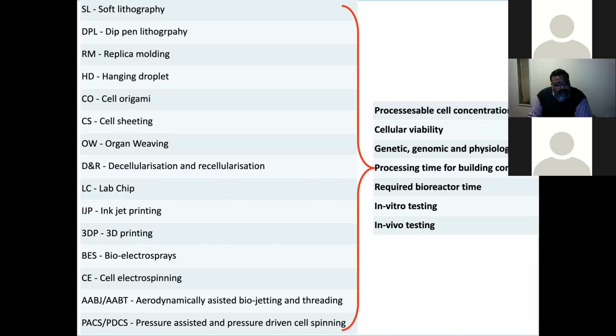The technologies I'm going to be talking to you about are the last four technologies: bioelectrospraying, cell electrospinning, and aerodynamically assisted approaches. I don't think I will be able to talk to you about the last two, but I certainly will talk to you about bioelectrosprays and cell electrospinning. Both these technologies have now entered the clinic.